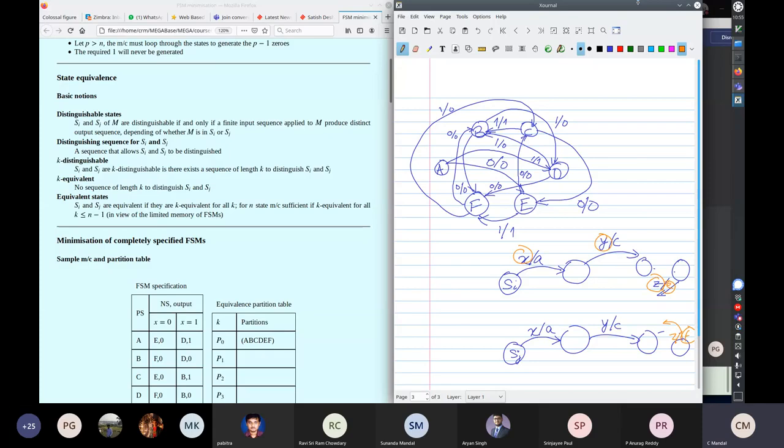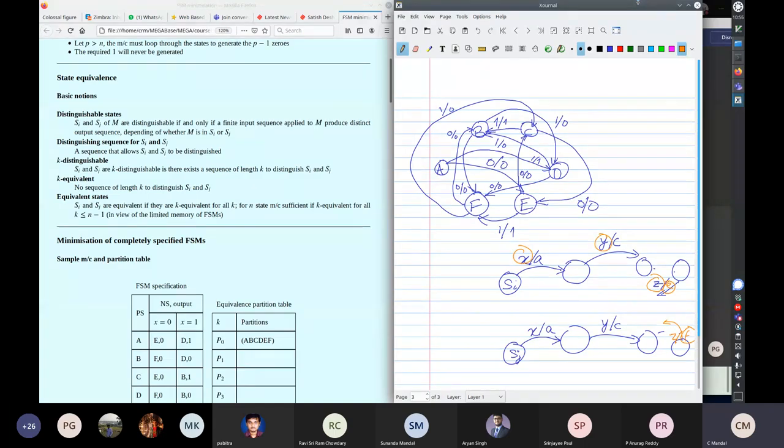So the underlying reason is again the fact that once you get back into a loop, you will just keep looping. So no matter how long an input you apply, if you cannot distinguish for k less than or equal to n minus 1, you won't be able to distinguish that.